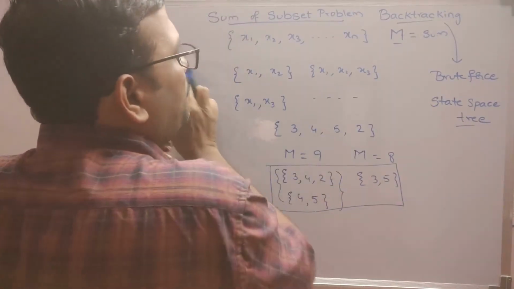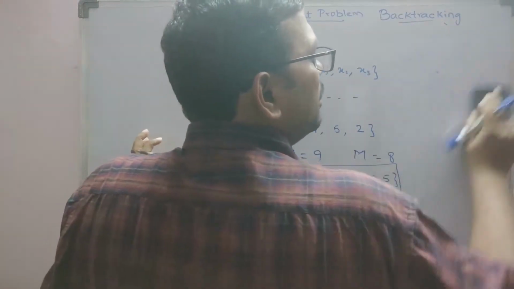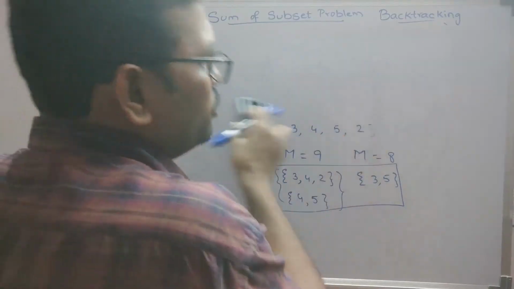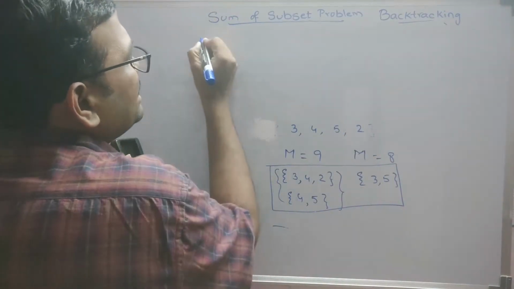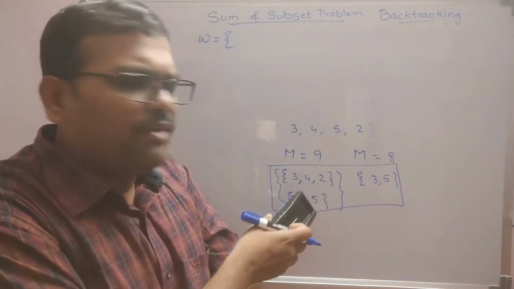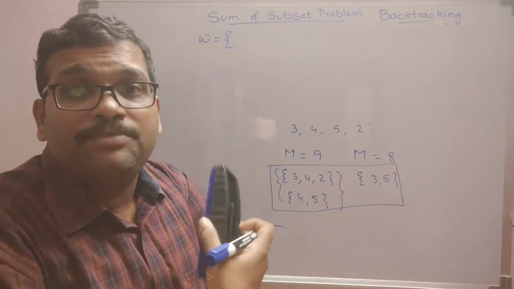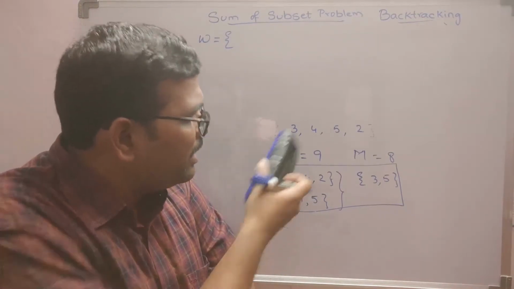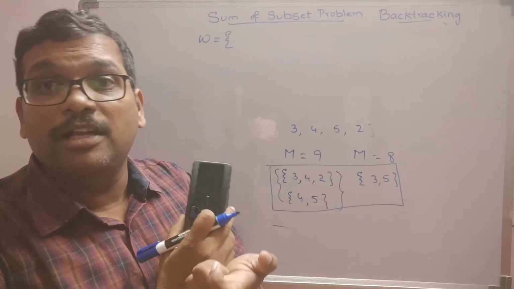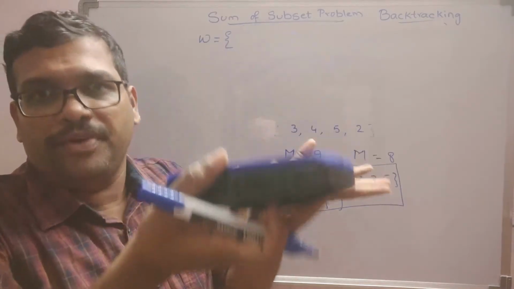So we'll take the same example, and I'll draw the state space tree so that you will get the solutions. Let us consider it as W. By observing this you may have an idea about the 0-1 knapsack problem. There also we take weights and a profit, and we consider the optimal solution by taking fewer weights with more profit.